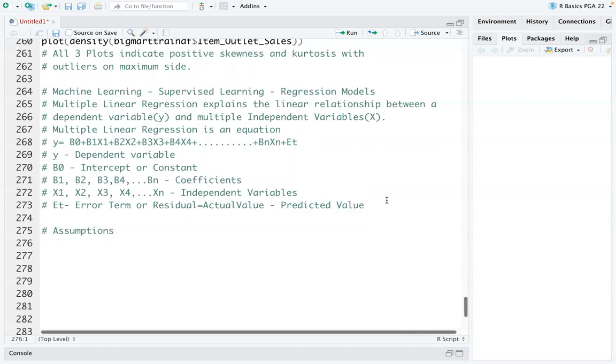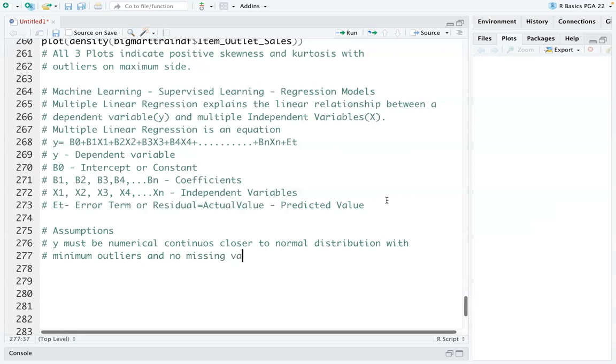So what are the assumptions? Participants, guys, what are the assumptions? Y must be numerical, continuous, closer to normal distribution, with minimum outliers and no missing values.